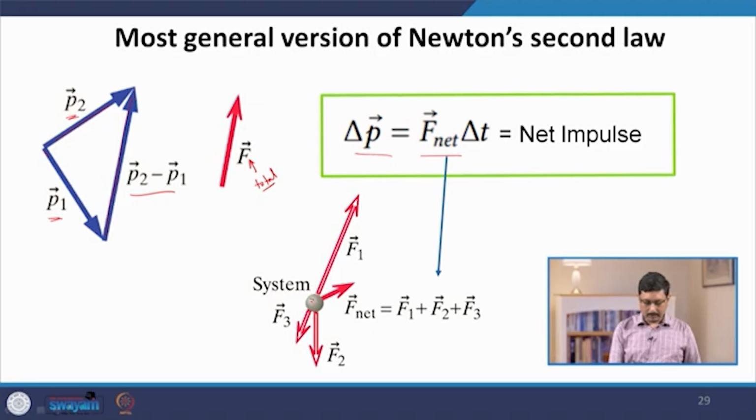Suppose this is our object, our system. In most situations that we encounter in mechanics problems as well as real life, there are multiple forces acting on a single particle or system, such as F1, F2, F3. The net change of momentum is given not by the impulse of an individual force, but by the total force.